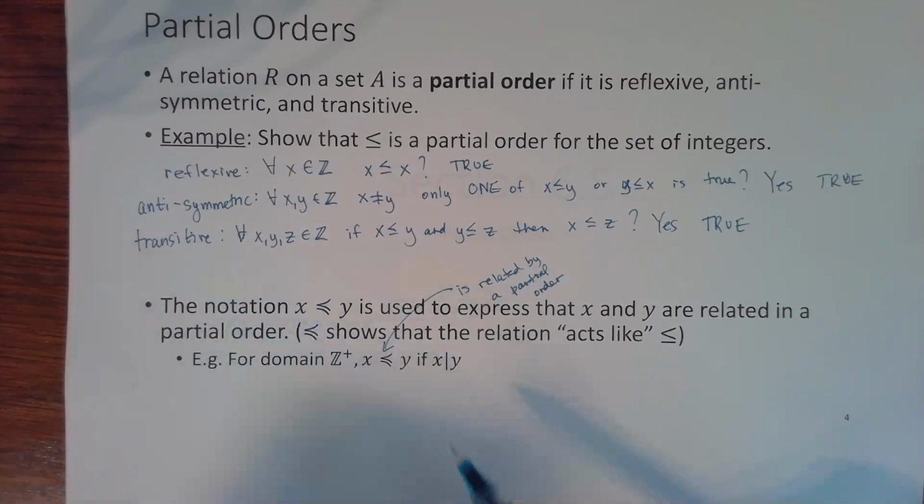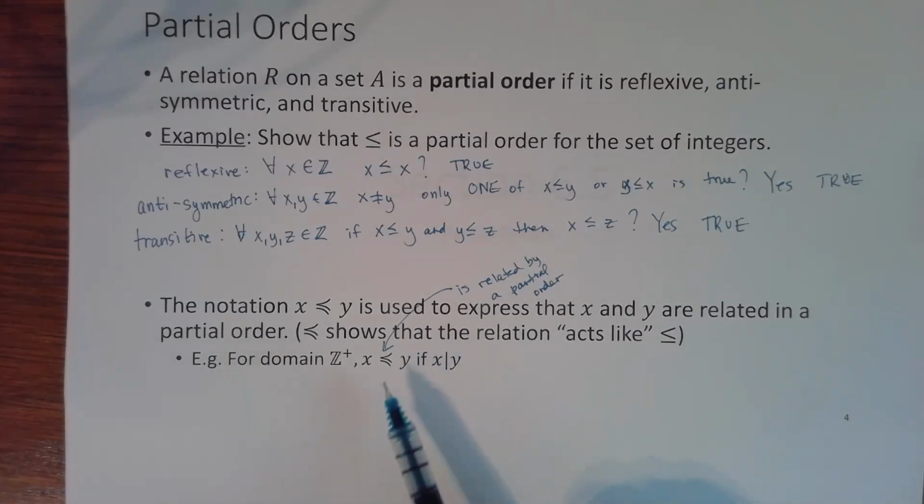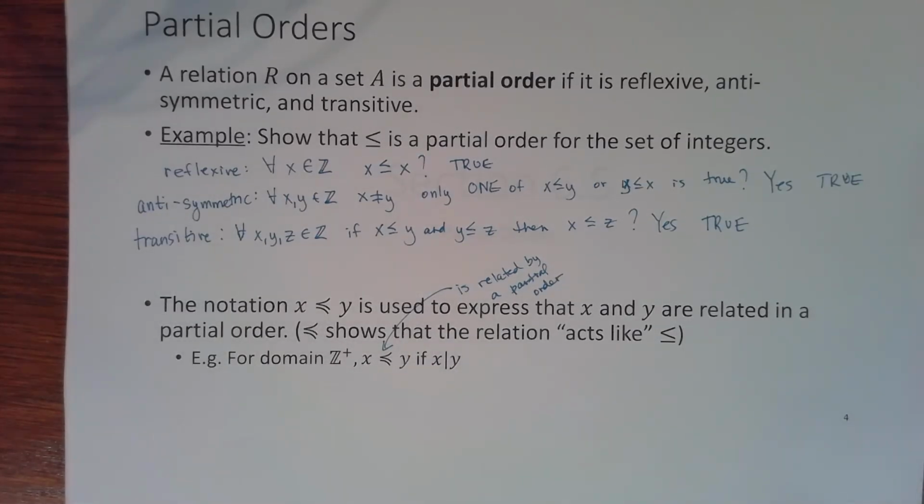And then it's transitive, and we've seen that several times: if x divides y and y divides z, then x divides z. So it is reflexive, it is antisymmetric, it is transitive, and so it is a partial order.